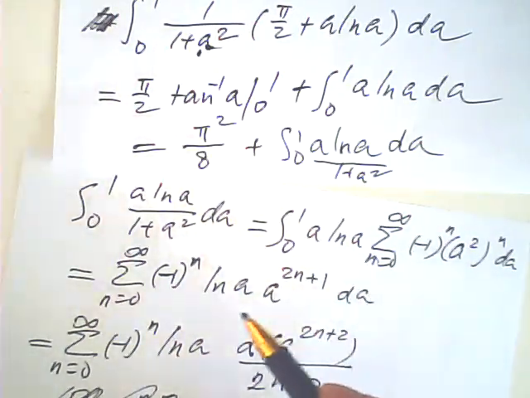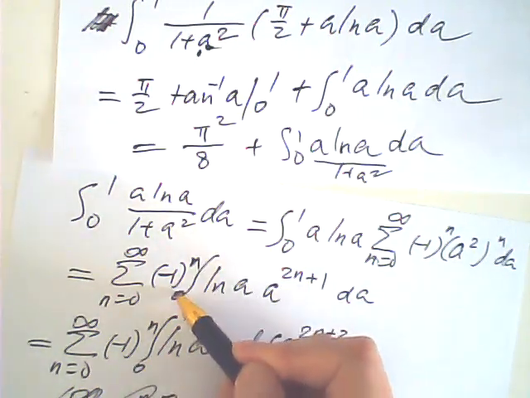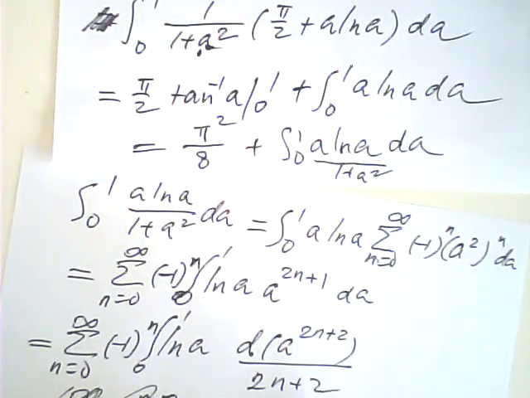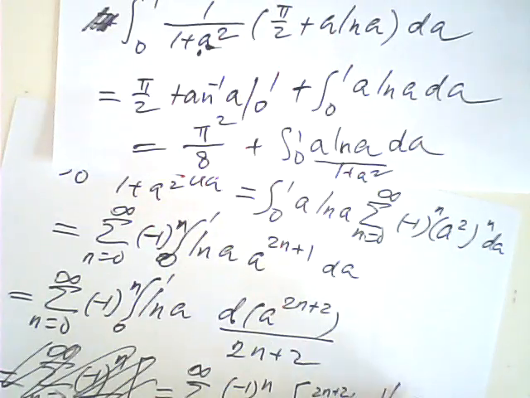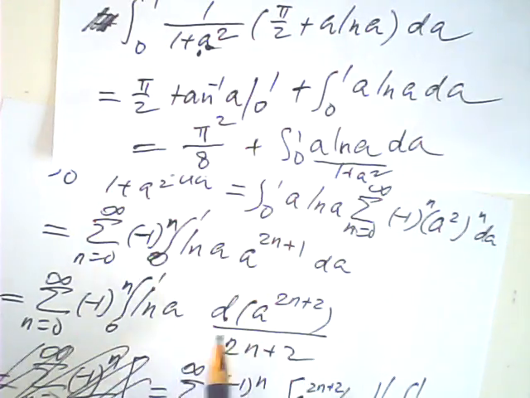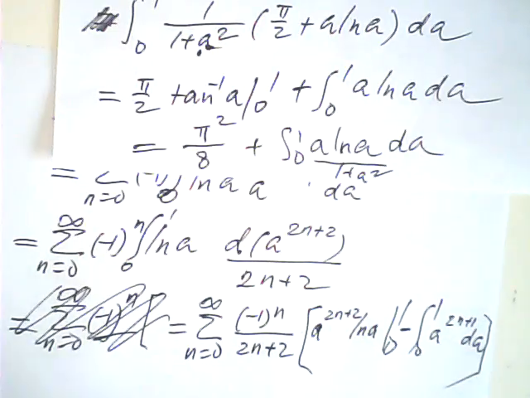I forgot the integral from 0 to 1. I forgot the integral minus integral v du. v is this, du is this, 1 over a, so it becomes a to the 2n plus 1 da. Well, I hope you follow.